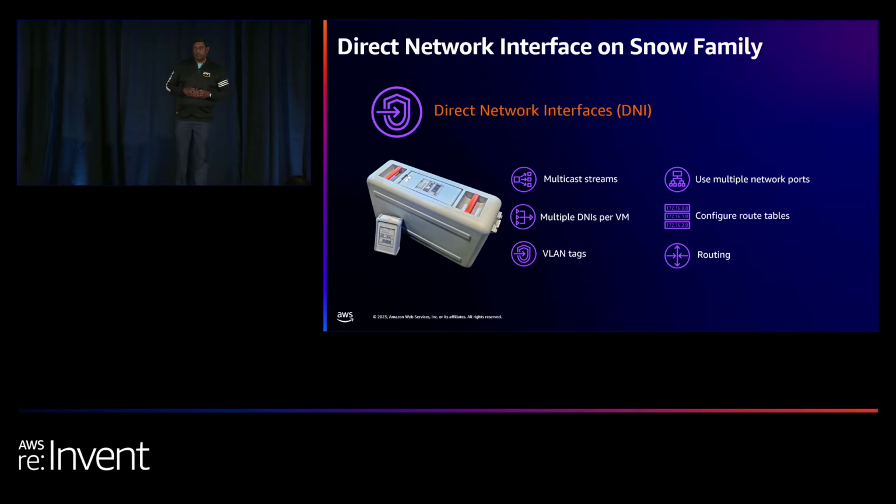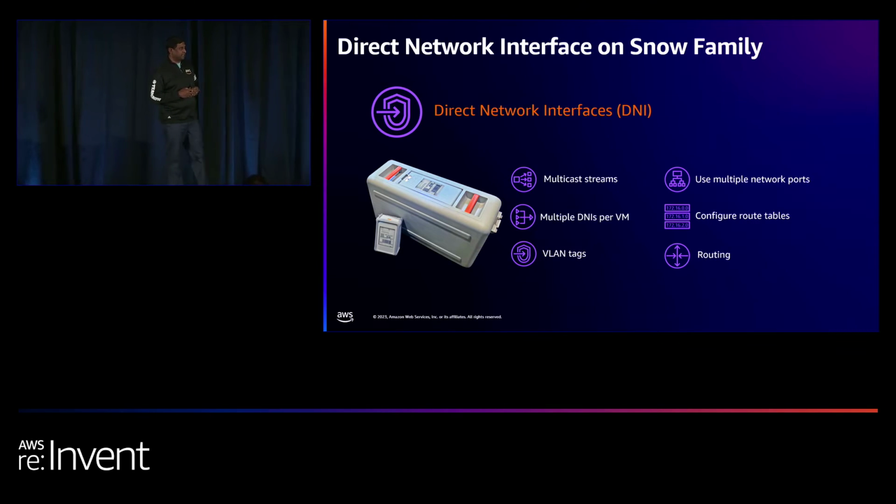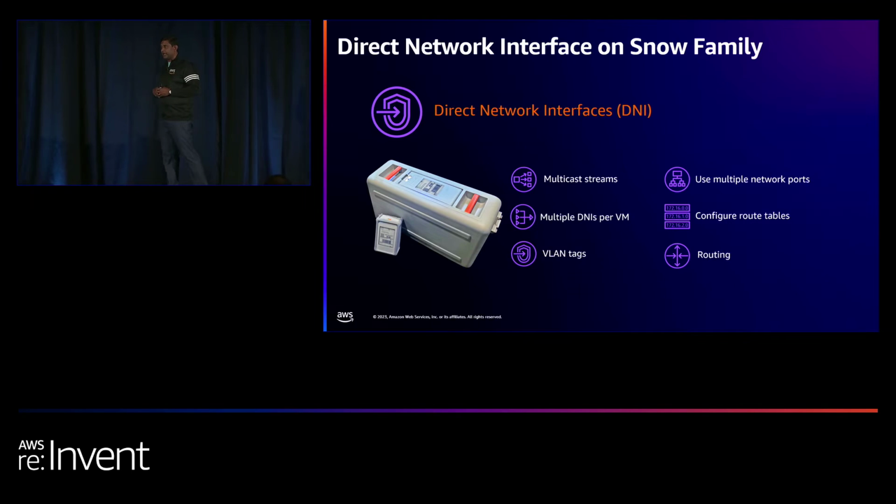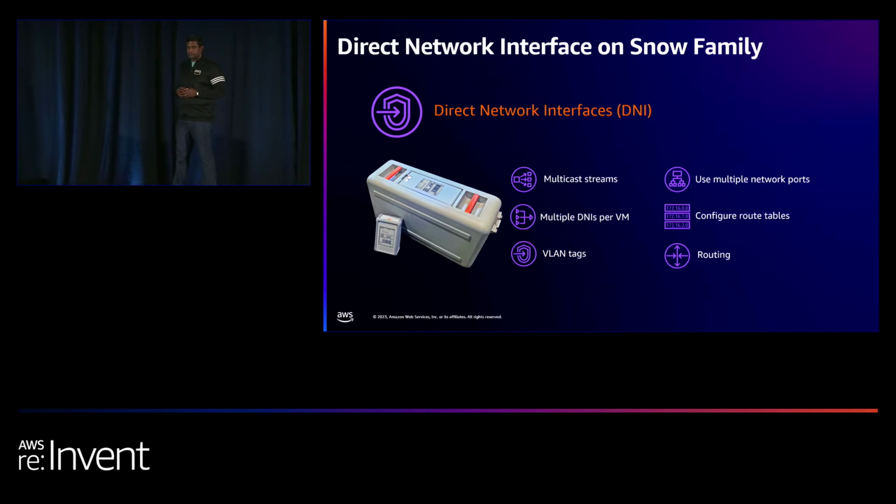Using DNI on Snow, the instances running on the Snow devices have a direct layer 2 networking interface to the external network without any intermediary translation or filtering. For our customers, that means they're able to customize their network configuration, and they can also achieve very high network throughput.